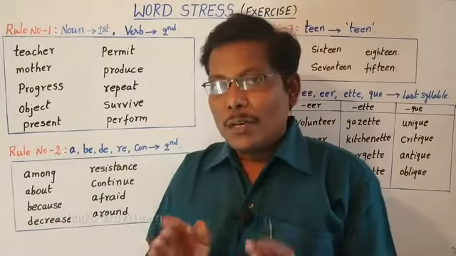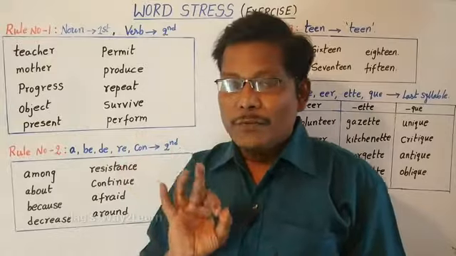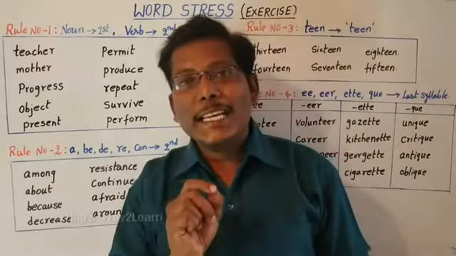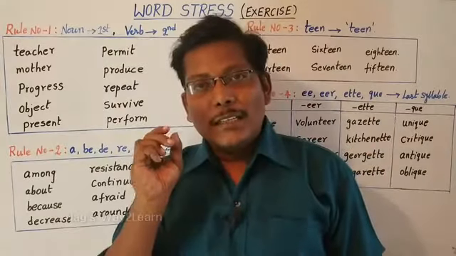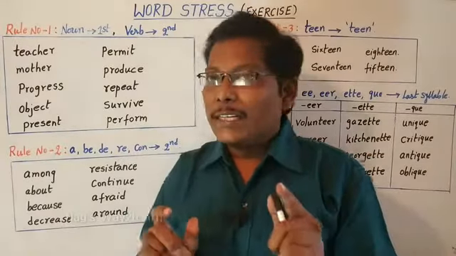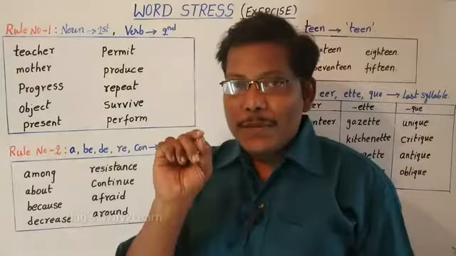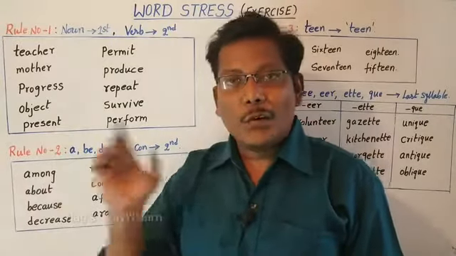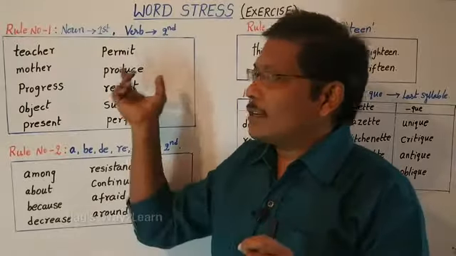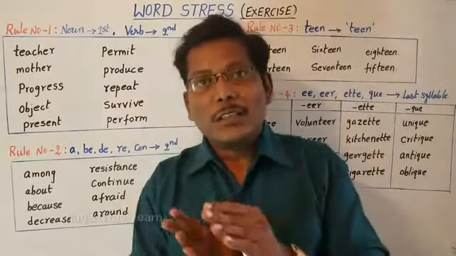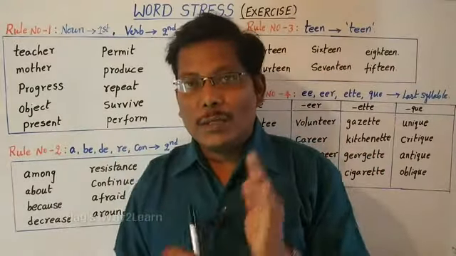Then how to identify noun and verb? Very simple. If you find any naming word, that is called noun. If you find any action word, that is called verb. Naming word is noun, action word is verb. Based on that concept, you can easily identify what are the nouns and what are the verbs.